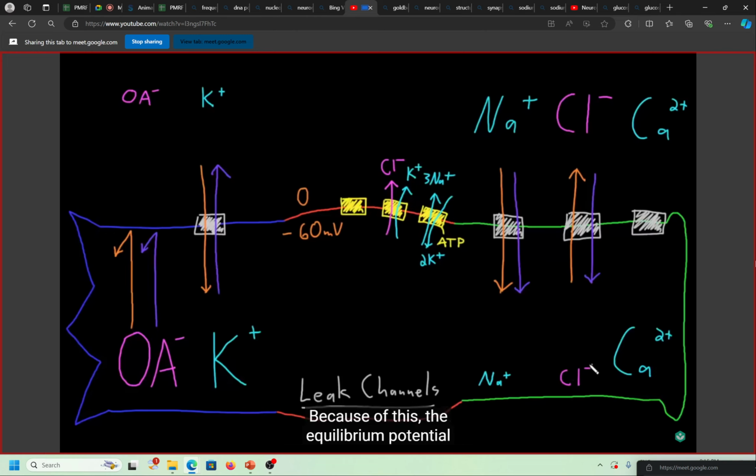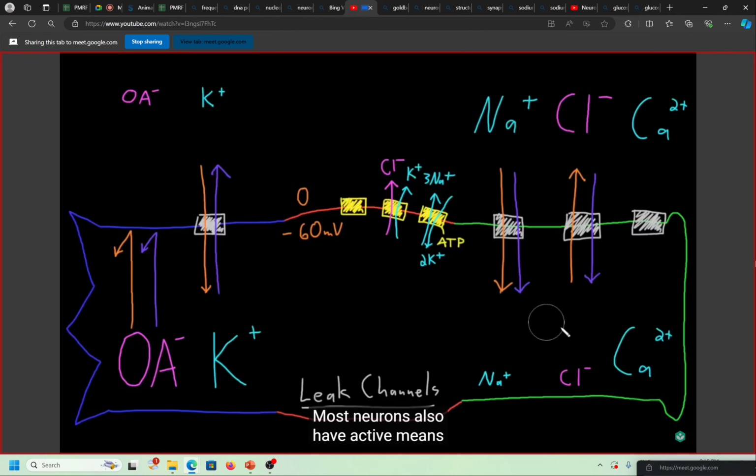Because of this, the equilibrium potential of chloride for most neurons is usually not at the resting potential of around negative 60 millivolts, but instead it's around negative 70 millivolts, which will cause some inward chloride flow, leading to a minor change in the resting potential to a more negative value, although usually the change is negligible.